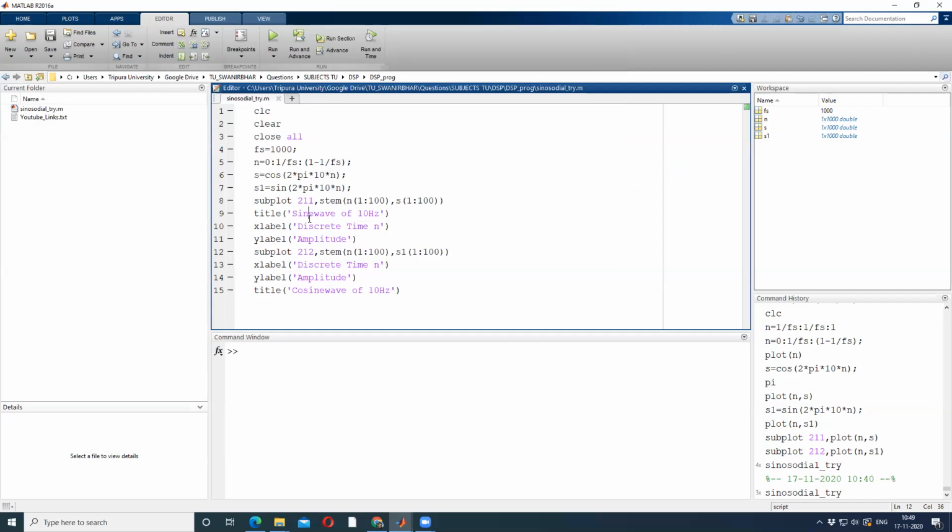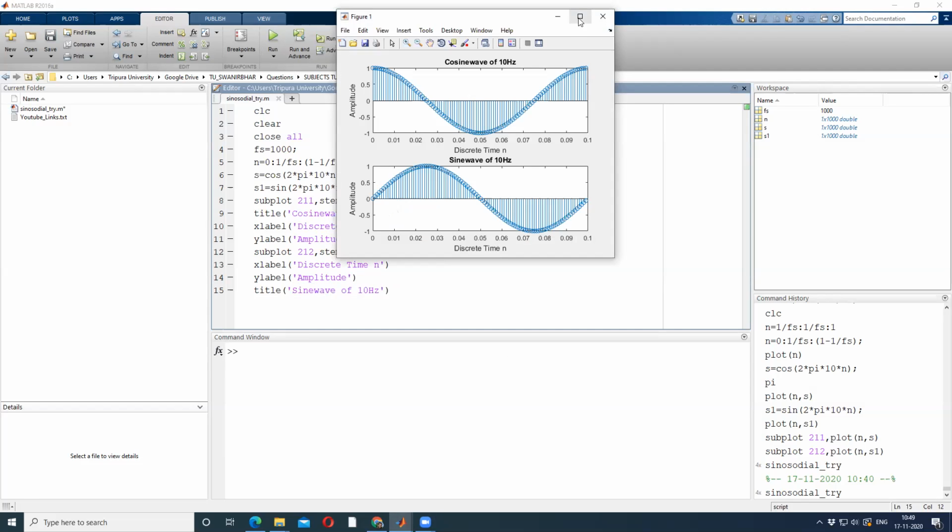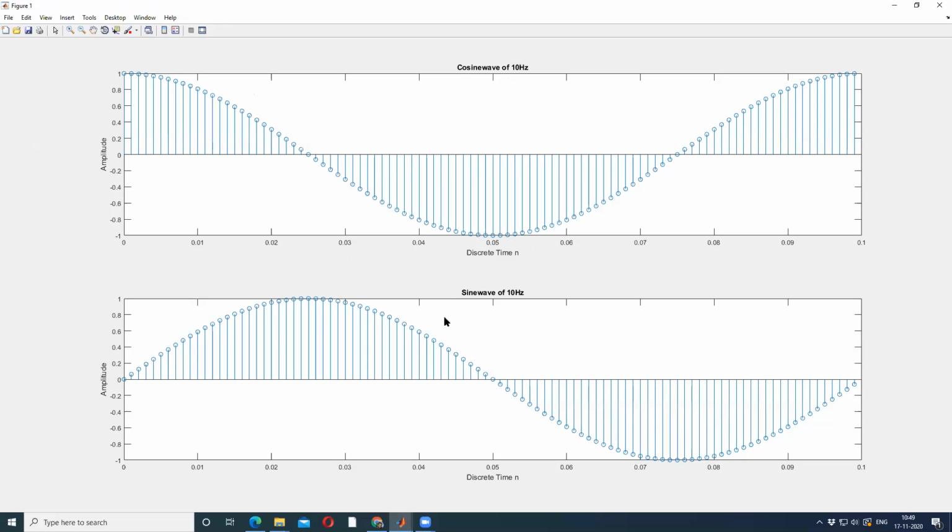There has been a mistake. The first one should be cosine and this will be sine. I had just written it vice versa. So this is the cosine wave, this is the sine wave. The labeling was wrong, anyway I have changed it.